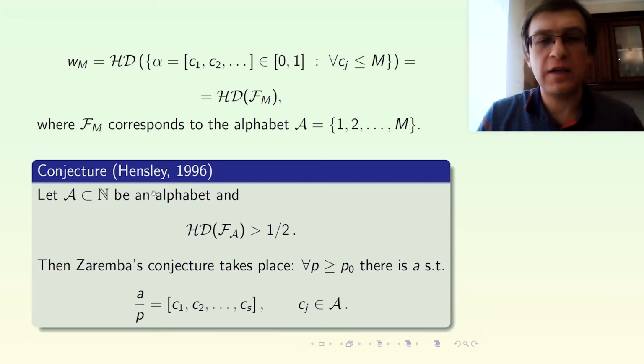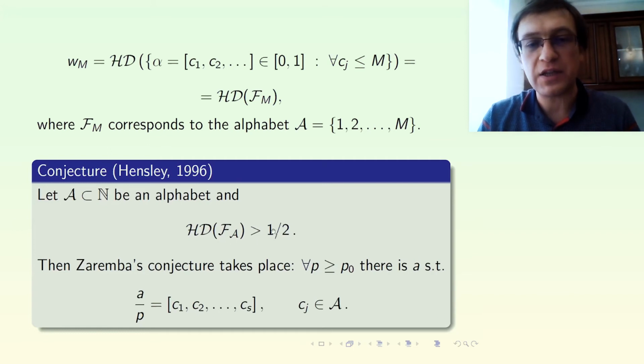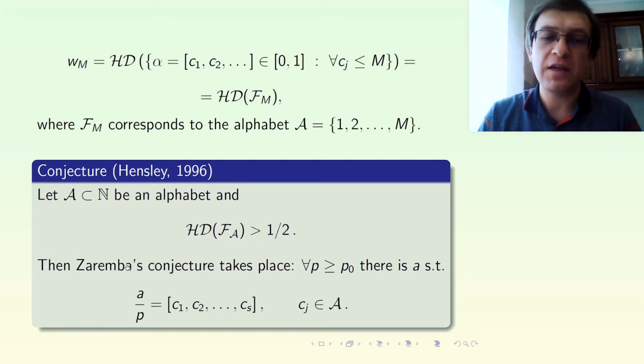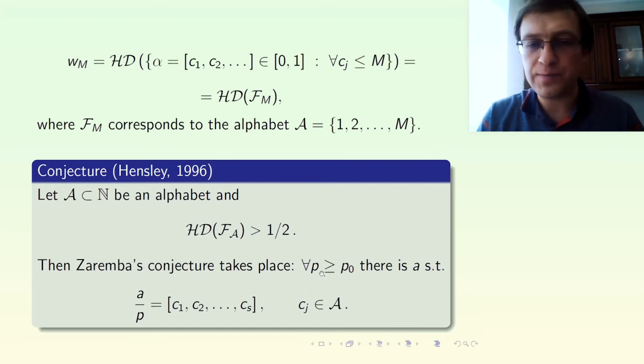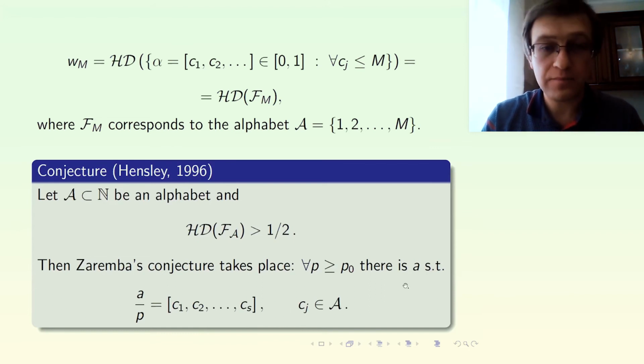Then Hensley conjectured that if the Hausdorff dimension of this corresponding Cantor set is greater than 1/2, then an analog of Zaremba's conjecture takes place. It means that for any relatively large p, I can find a such that all partial quotients belong to A.